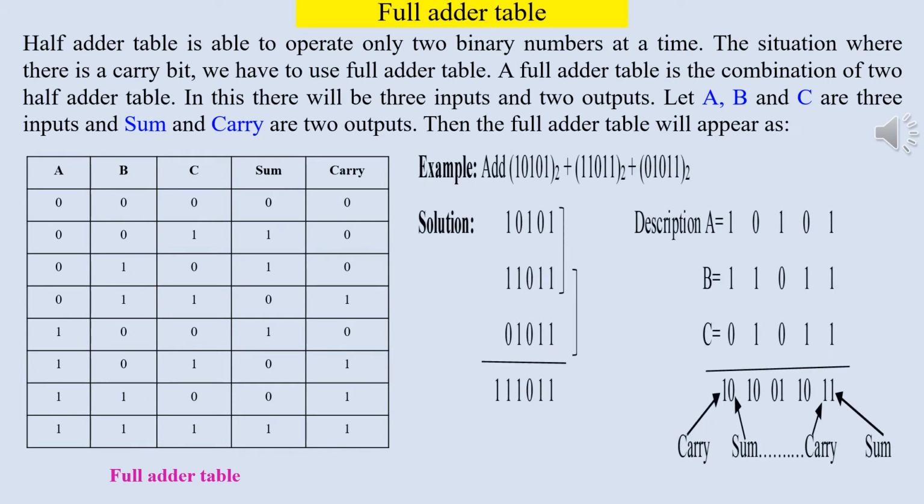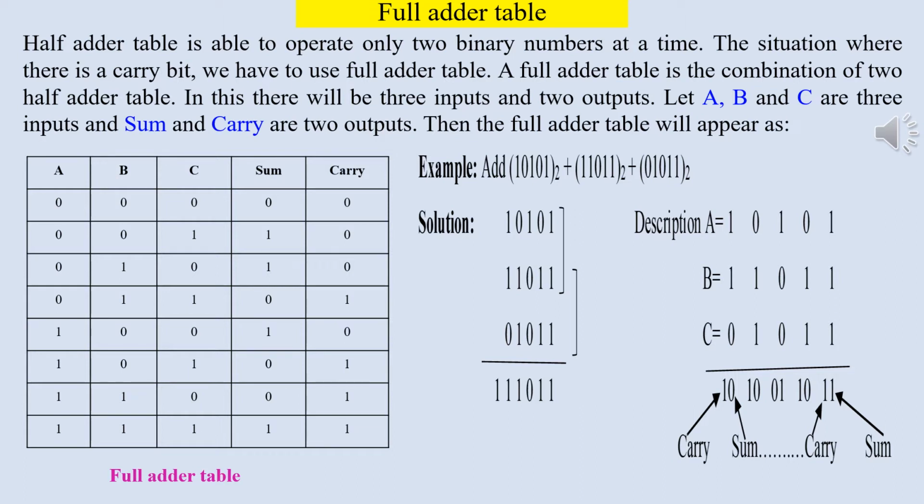Next is full adder table. As discussed, half adder table is able to operate only two binary numbers at a time. The situation when there is a carry bit, we have to use full adder table. A full adder table is the combination of two half adder tables. In this, there will be three inputs and two outputs.